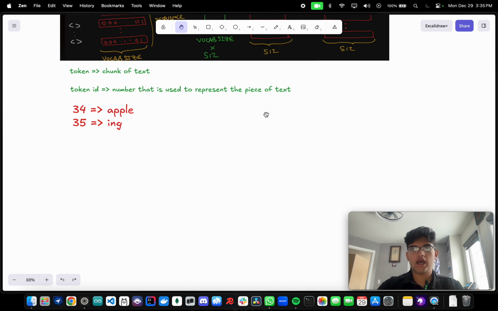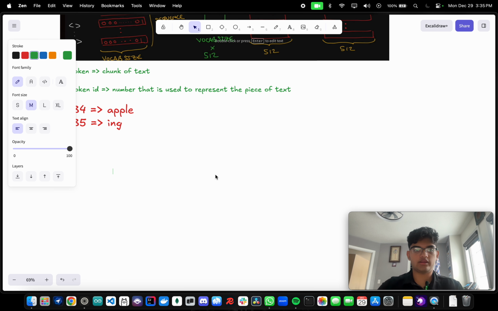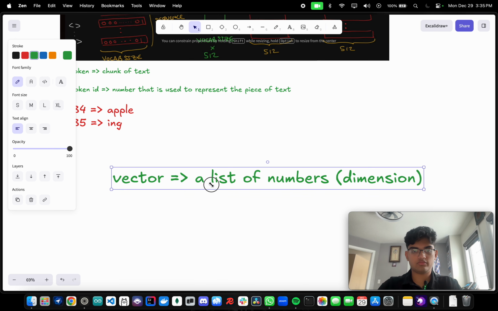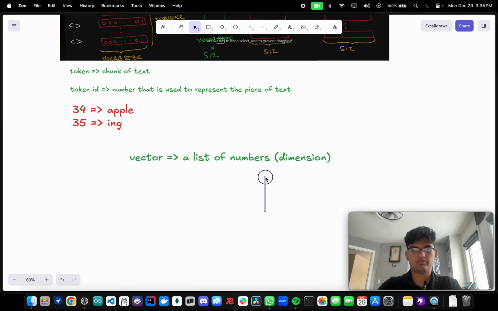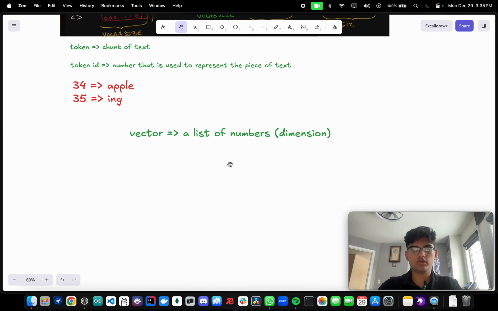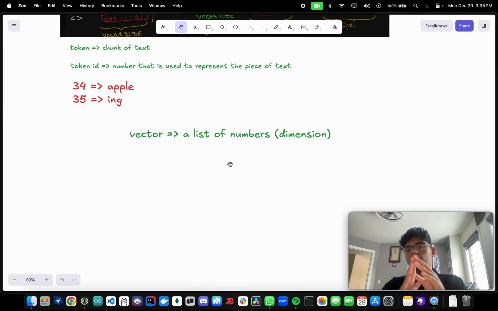So how a vector embedding works is that it's essentially a vector, okay? And a vector, simplest way to put it, is a list of numbers. And each of these numbers is a dimension, okay? So I'm just going to put this in the center. Now, each of these numbers is also called a feature.